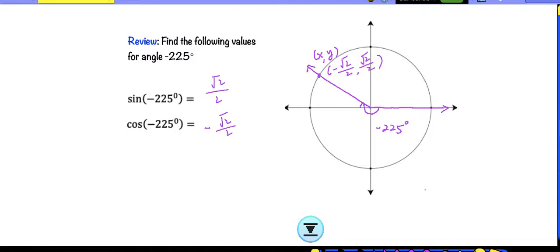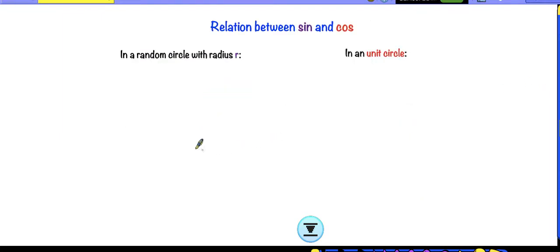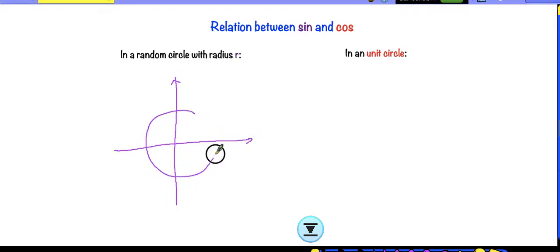Today we're going to discover something more about sine and cosine. Let's quickly review the definition again. In a random circle, let's say the radius is r, and we draw a random angle, for example using a different color. It's the initial ray, and I rotate counterclockwise.